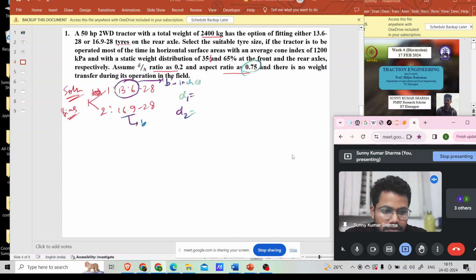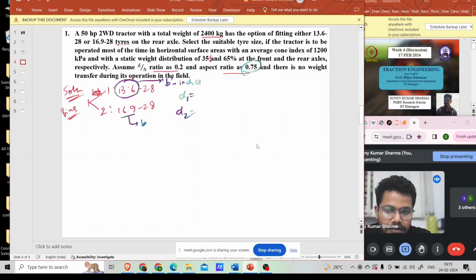Bhavisi, can you tell how to calculate the overall diameter of a tire with this designation? If you don't know, you can tell me, I will explain.